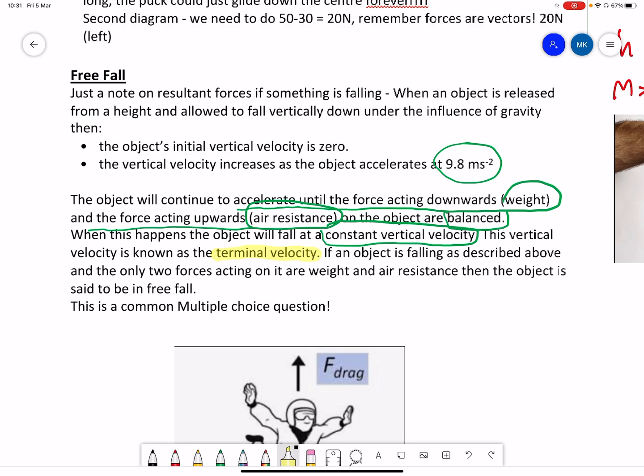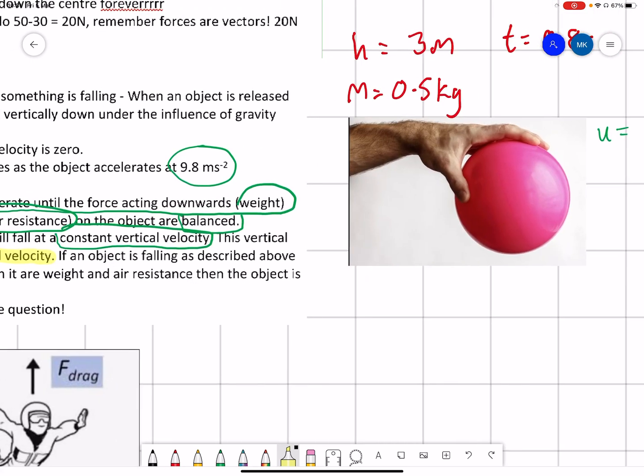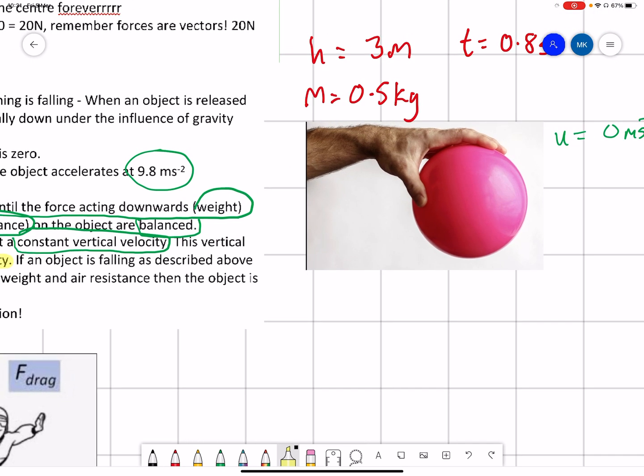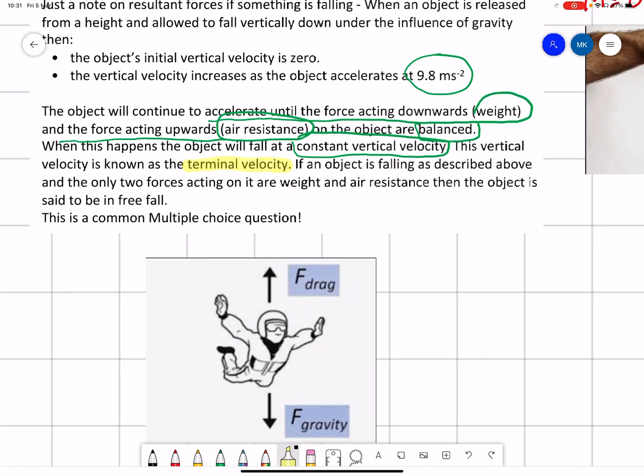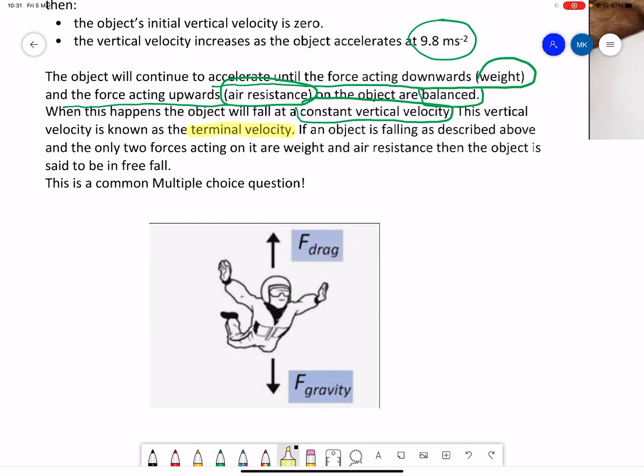Now, if you're only dropping a ball from a short distance away, it's unlikely it'll get to that terminal velocity. So the best example I can give you is a free fall diver. Jumps out of an aeroplane at possibly, what do they jump out at? 10,000 meters.